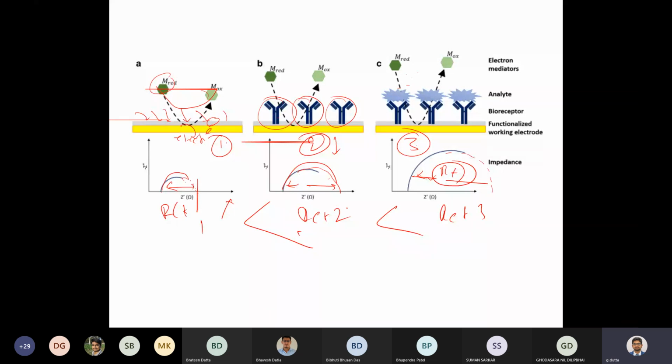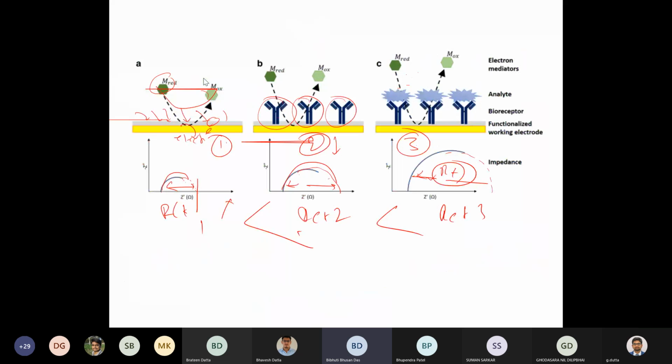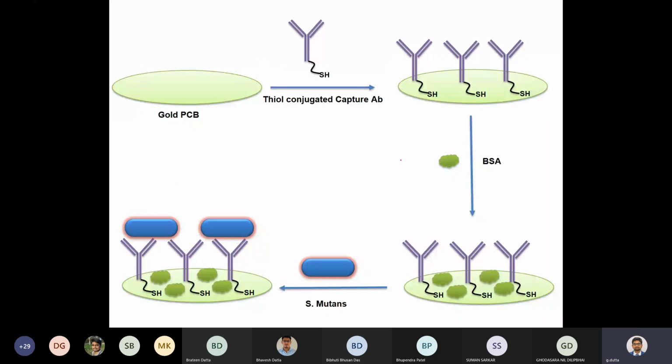I will give you a practical example. Sir, suppose RCT is due to the resistance offered by the protein targets? Yes, the RCT is offered not only by the target but by any kind of hindrance molecule. It can be protein. Suppose you have the electrode and you add antibody on the surface.